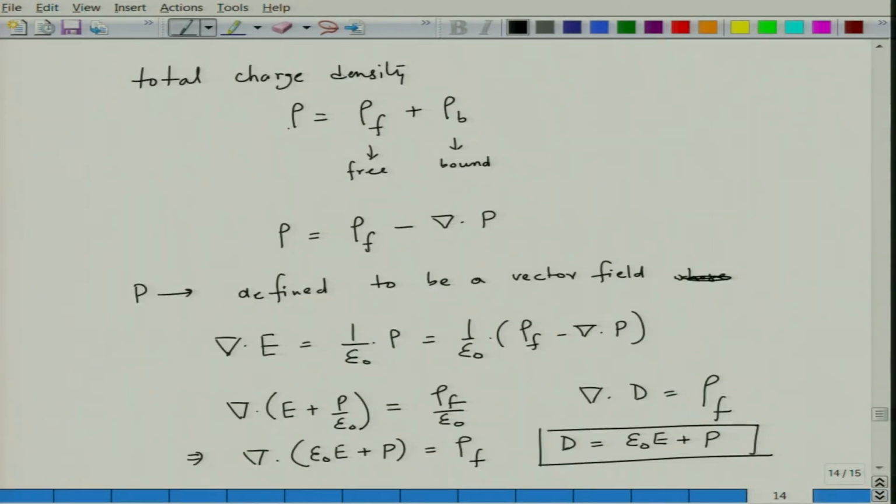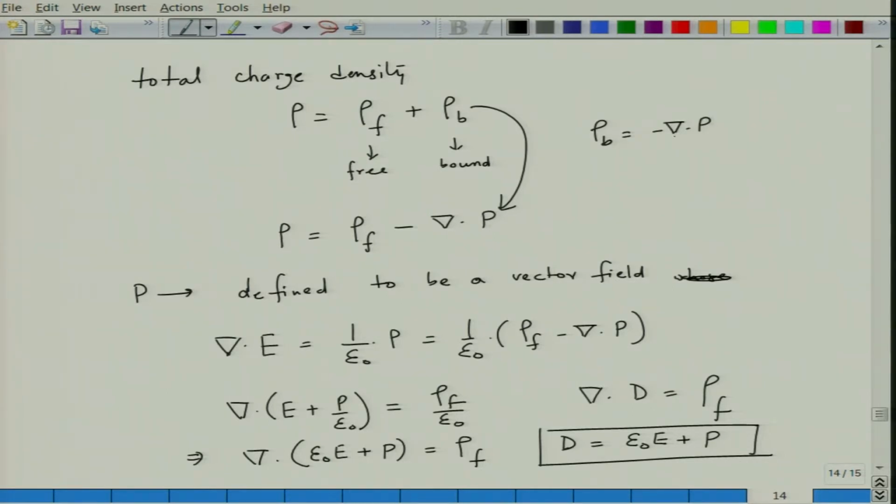And then we know that total charge density is equal to free charge density plus bound charge density, and this bound charge density can be written in terms of polarization as minus del dot P. Divergence of polarization is nothing but the bound charge density.